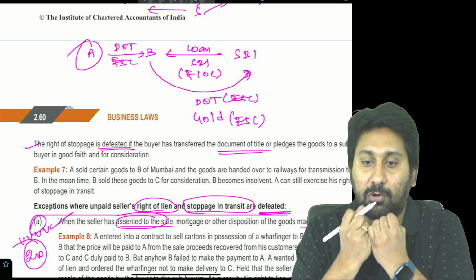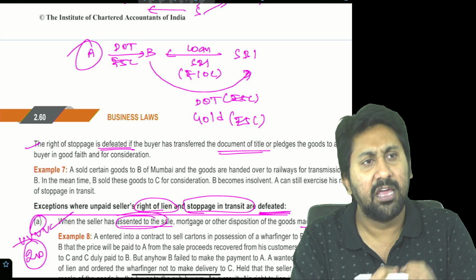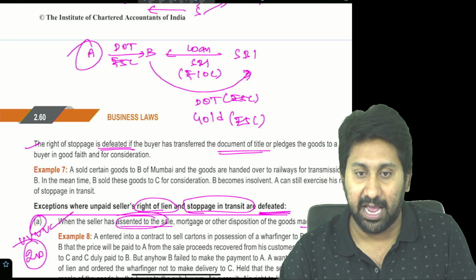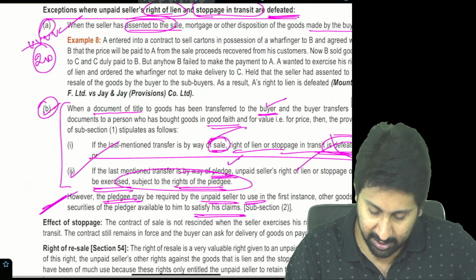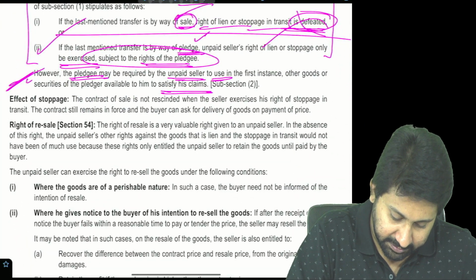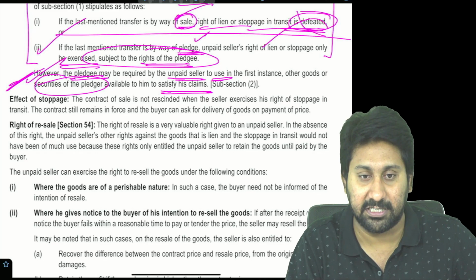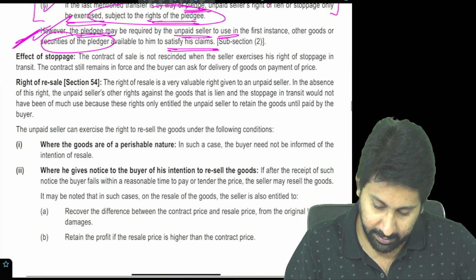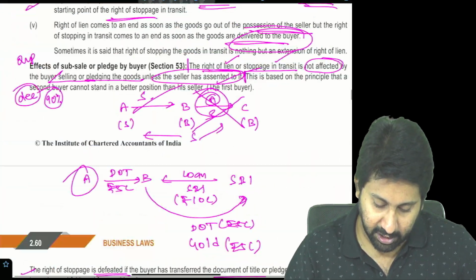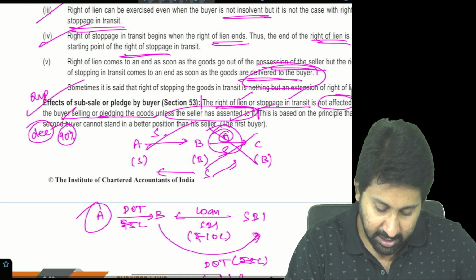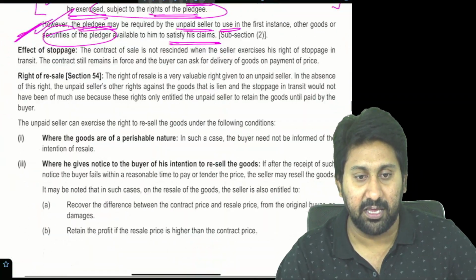Means ownership of the goods will be regained to his possession. He will sell to some other person and sue Mr. B as usual. This is the point of this particular area, securities of the pledger. That's all. These are some important concepts in effects of subsale or pledge by the buyer.